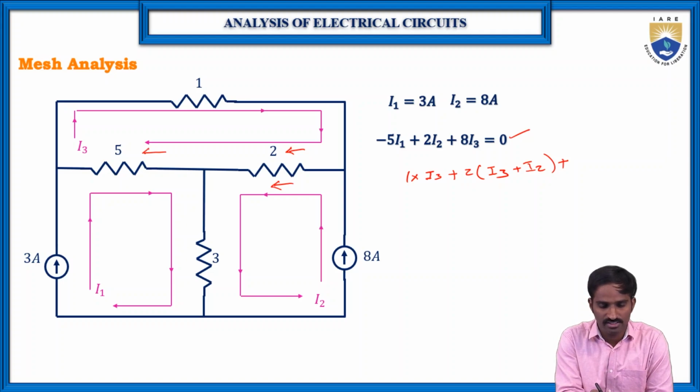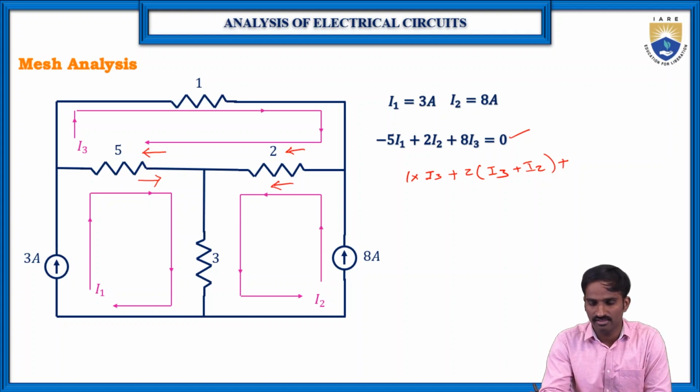Here it is in this direction, but the other current is in the opposite direction, which means I3 minus I1. So 5 into I3 minus I1, which is equal to 0.